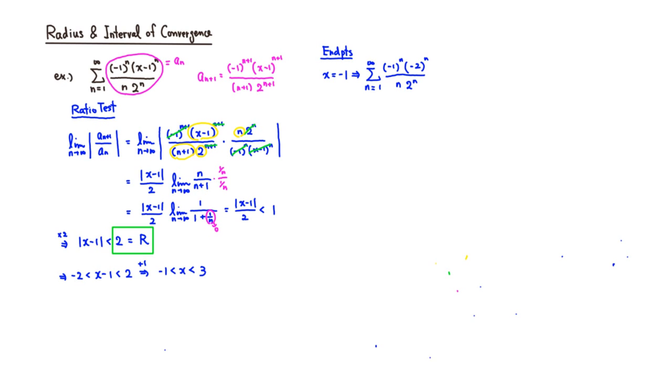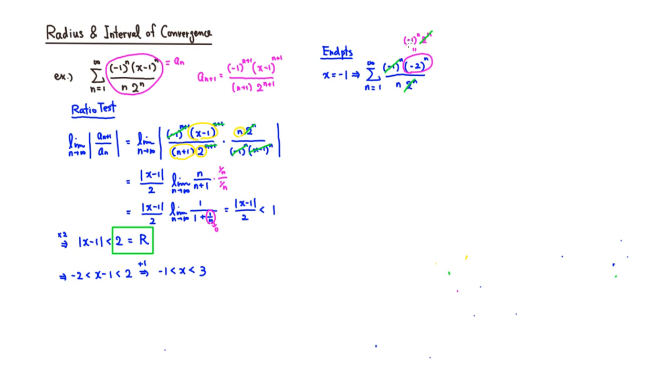And you can see that we can split the numerator into negative 1 to the n and also 2 to the n. So we can do a cancellation here. The 2 to the n on the bottom and the 2 to the n on top cancel out. And negative 1 to the n times negative 1 to the n is going to be equal to 1, because you're going to have negative 1 to the 2n. So it's going to be 1.